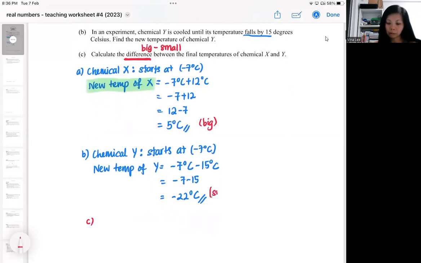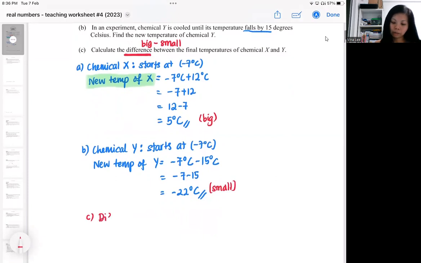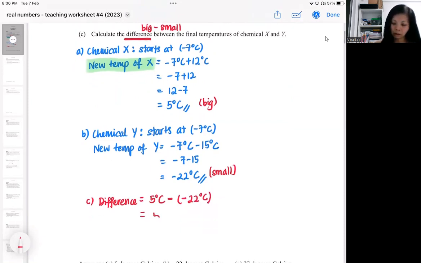This is the negative temperature. So the difference will be big minus small. You are going to use the 5 degrees to subtract the negative 22 degrees. That's where you also see this in your second teaching worksheet. You will encounter negative. Remember, the double negative becomes a plus. So that will be a 27 degree difference.